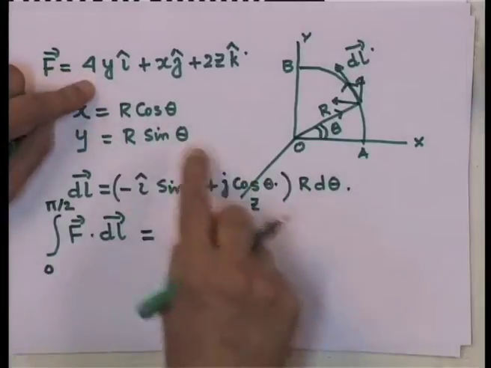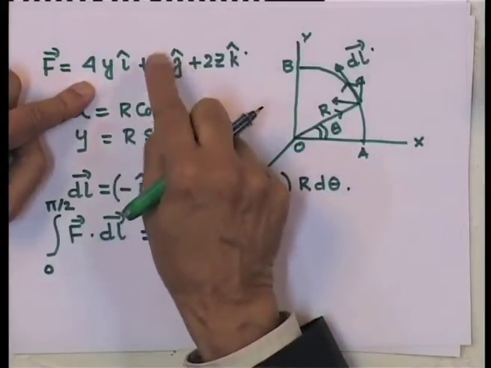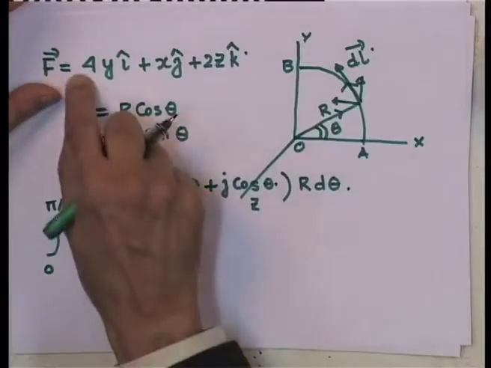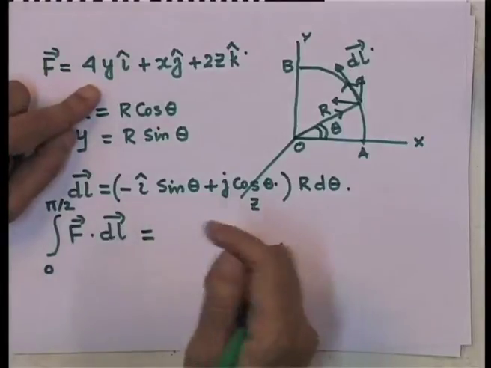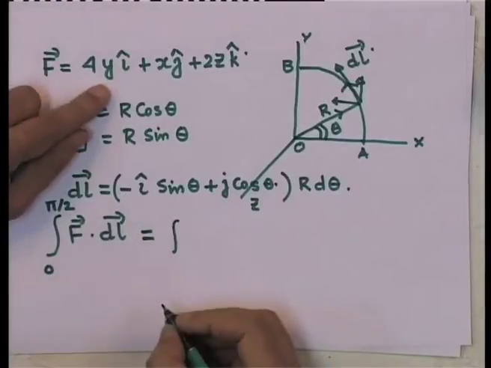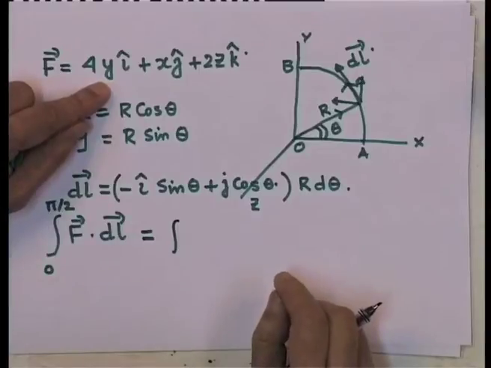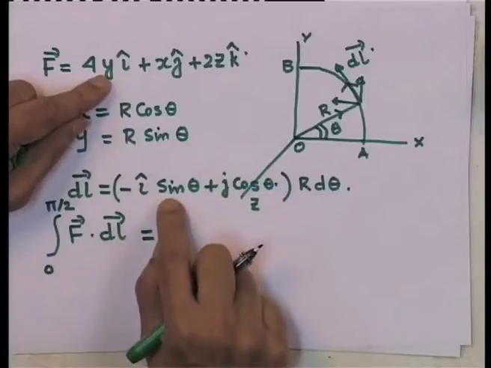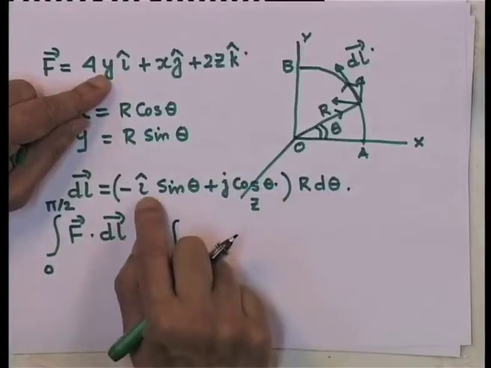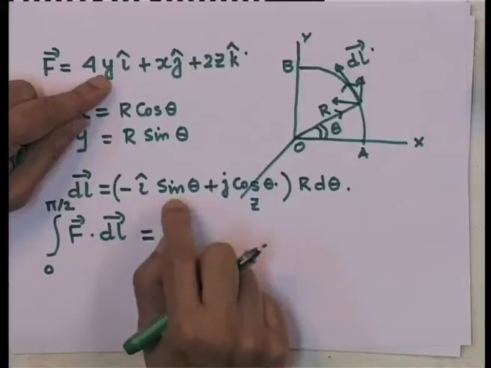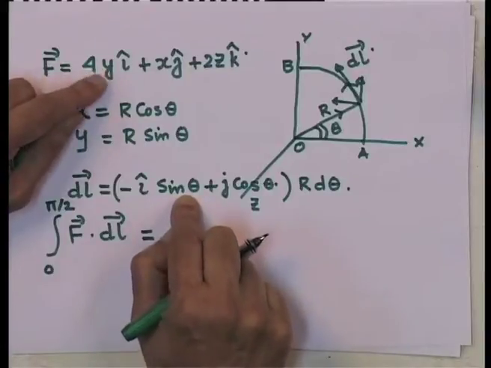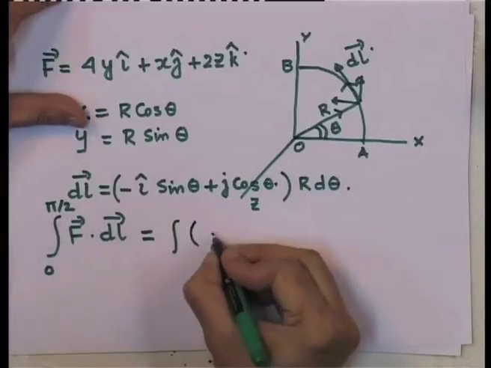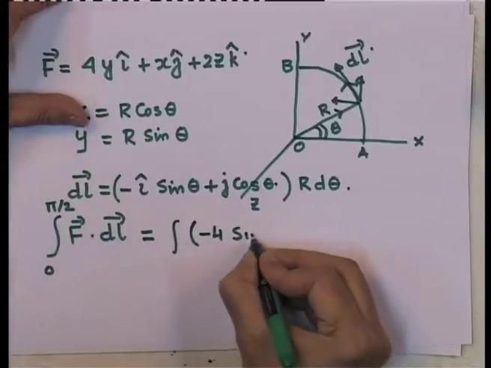I can write down these things in terms of i, j, etc. So, you notice in f dot dl, I get the integral, I have 4y. Since y is r sin theta, when I take the dot product with i, I get sin theta once again. So, I get sin square theta. There is a 4 there, but there is a minus sign here. So, I get minus 4 sin square theta.